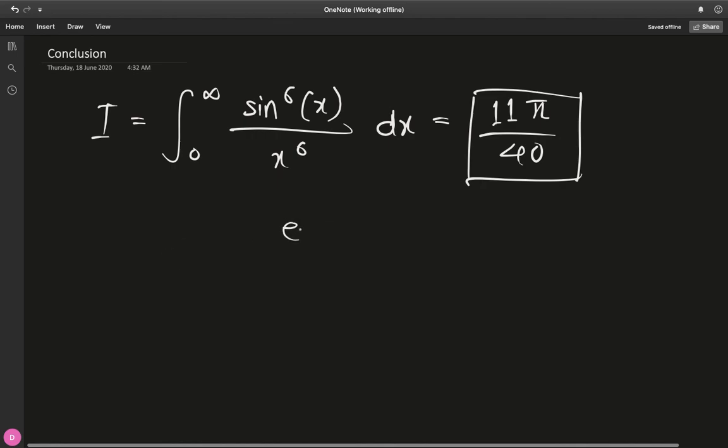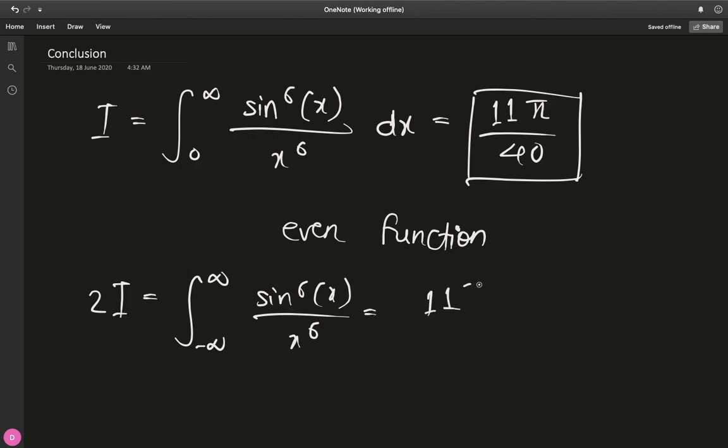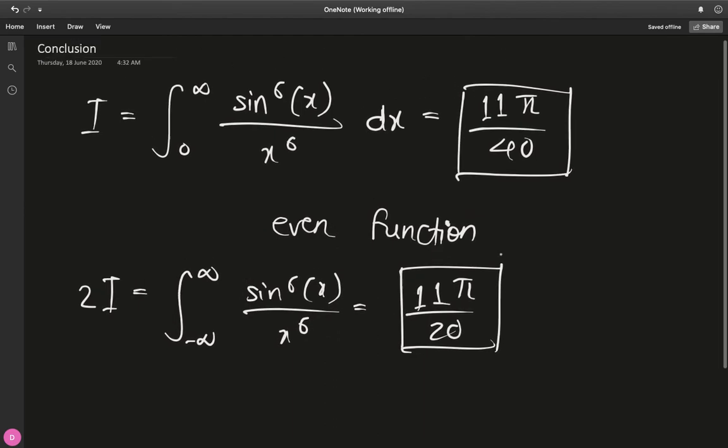And since this is an even function because it's raised to an even power, any negative you have in both the numerator and denominator will basically just cancel out. So the integral from negative infinity to infinity of sine to the 6th of x divided by x to the 6th is nothing but 2 times I. So that will be 11 pi over 20. And that's a really neat result. The pi just comes in again and it's beautiful.